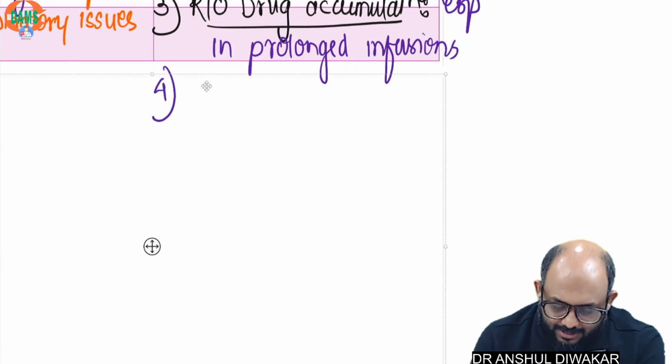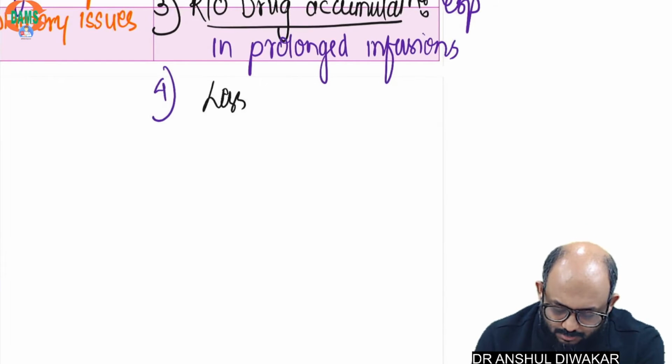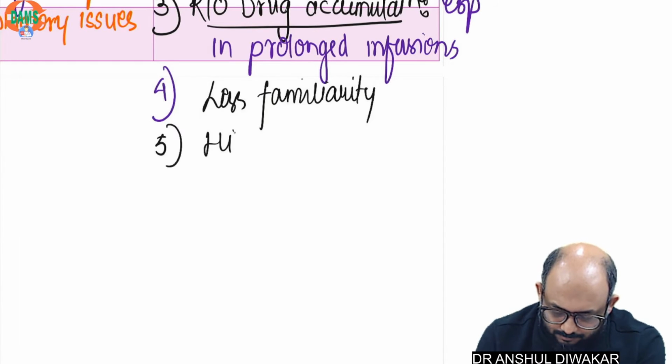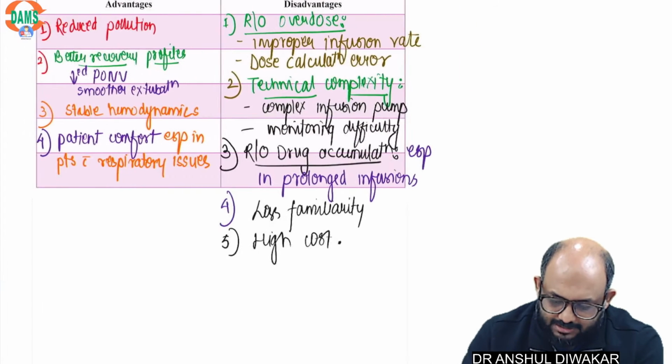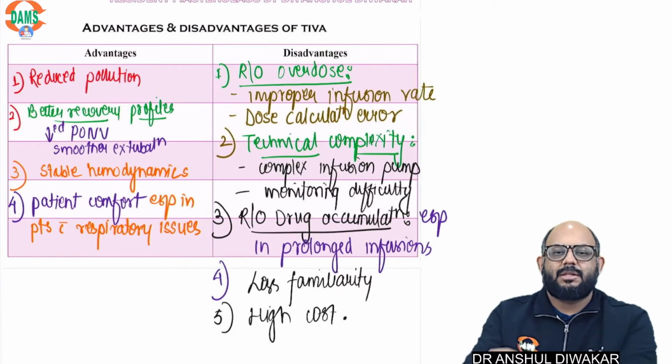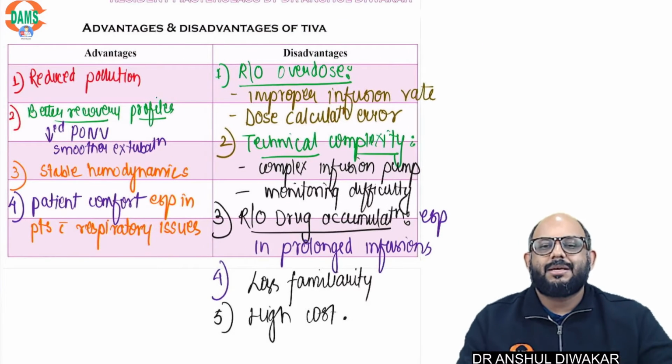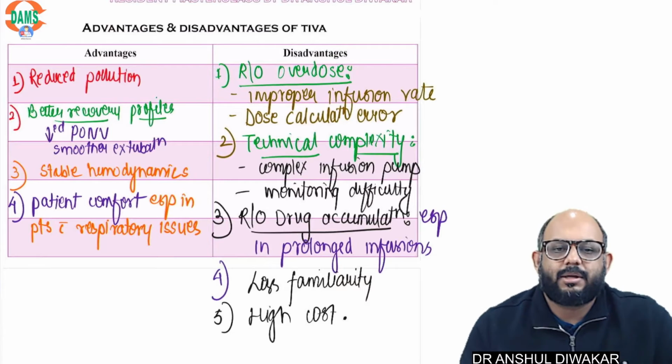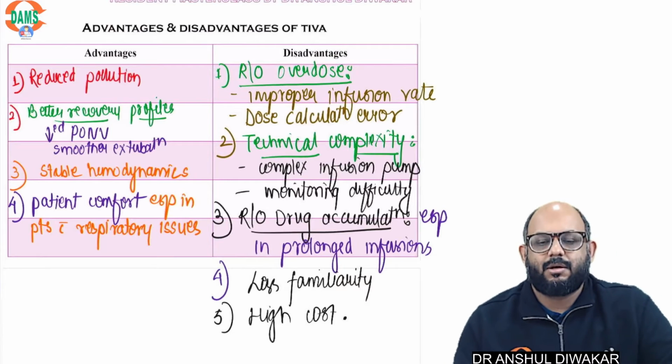Then less familiarity with use, and obviously high cost. So these are the advantages and disadvantages of using TIVA.